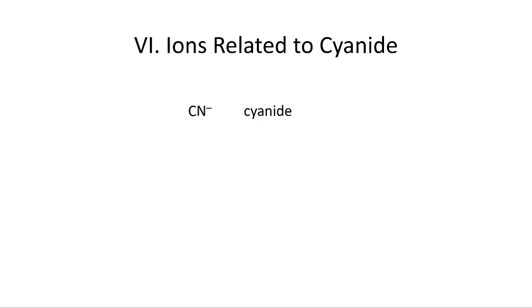These are ions related to cyanide. So here's cyanide, CN with a -1 charge. Cyanide is the other polyatomic ion that you need to learn that ends in IDE.